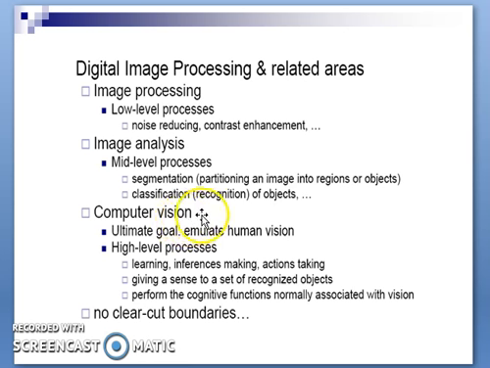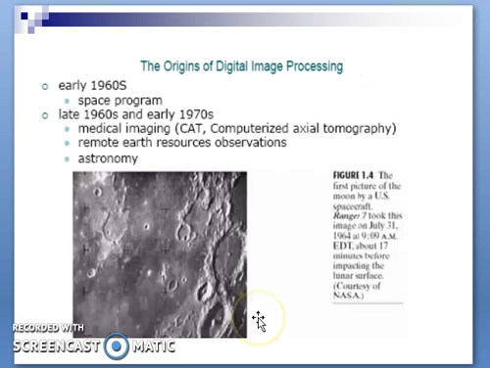Here I would also like to emphasize what computer vision is. Its ultimate goal is to emulate human vision or high-level processes, where learning, inferences, making actions, and making sense of a set of recognized objects perform the cognitive functions normally associated with vision, and there are no clear-cut boundaries.